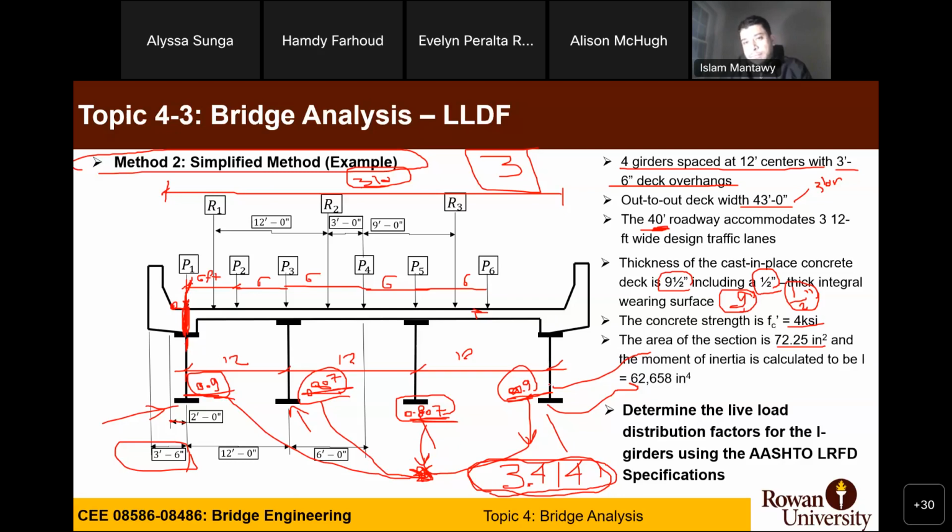Any clue or any explanation? It's not really to allow for a factor of safety. For live load, we had to factorize.